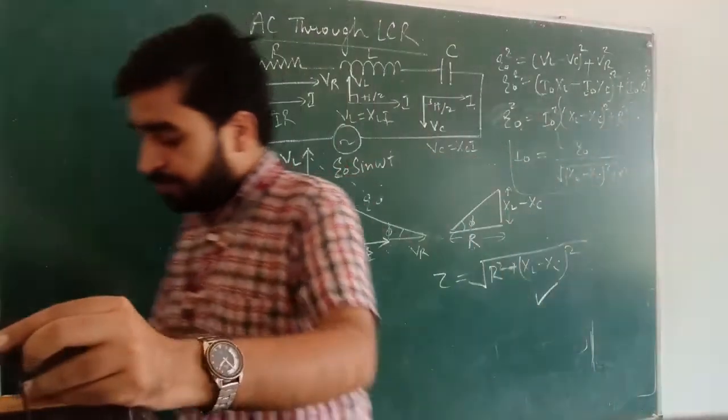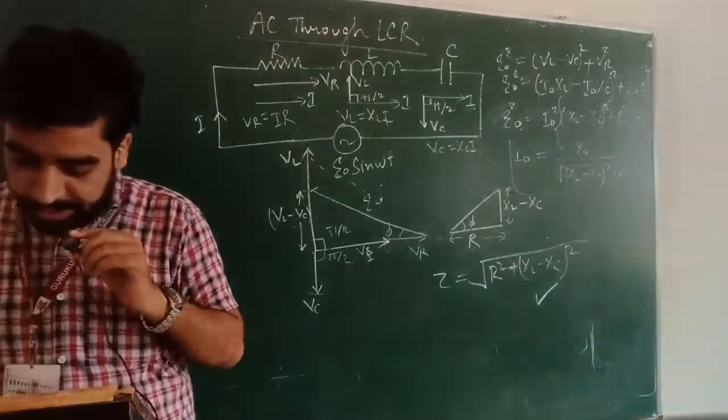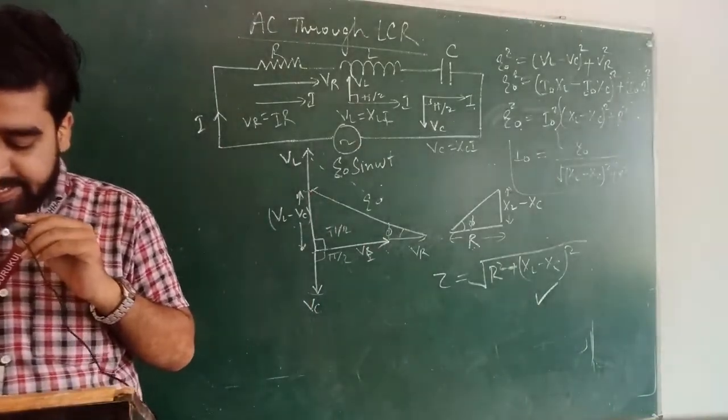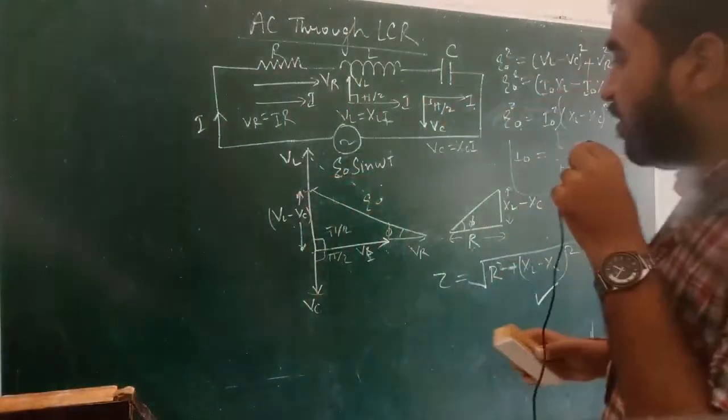Now, there can be special cases of the circuit. If XL is greater than XC, VL is greater than VC, then what will be the case? This we are going to discuss.